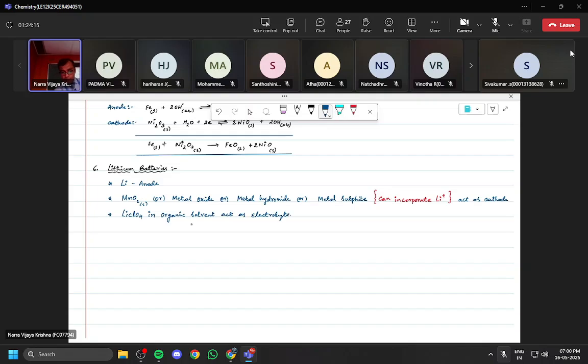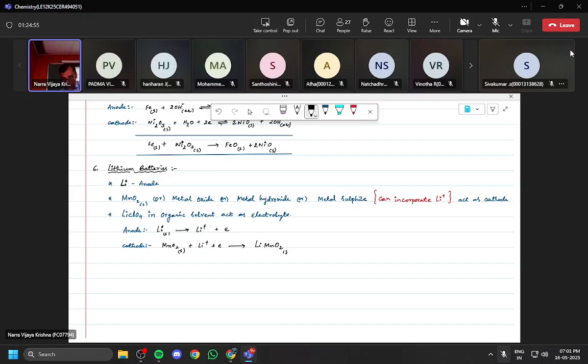Now observe the cell reaction. What happens at anode? Already we know what is anode. So can I write lithium gives rise to Li plus plus electron. Now which acts as cathode? Any metal oxide. So can I take MnO2? I am writing MnO2 solid, which is acting as cathode, plus Li plus plus electron gives rise to LiMnO2.